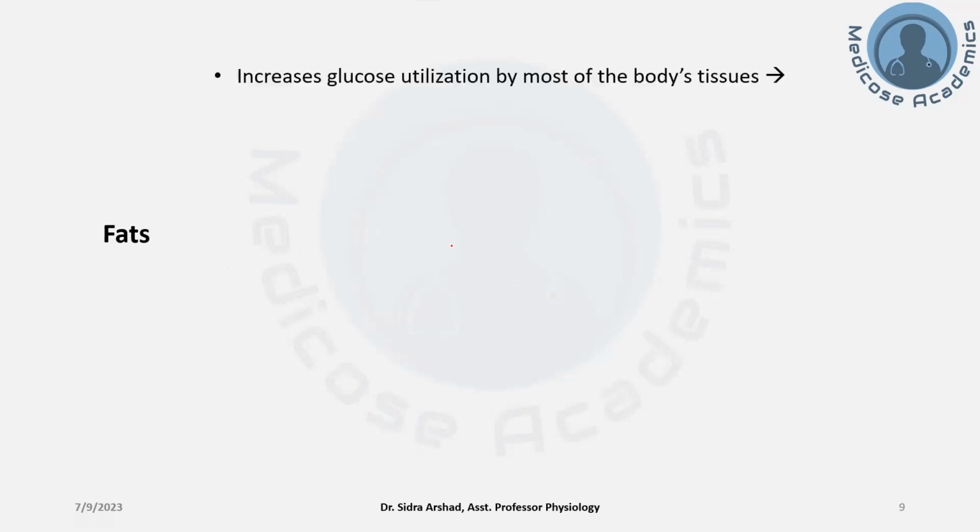Insulin's effect on fats: insulin increases glucose utilization by most of the body's tissues. So it decreases fat utilization and acts as a fat sparer. In the presence of insulin, cells are able to utilize glucose. It increases glucose metabolism by the cells, and by this action, it spares the fat from being metabolized.